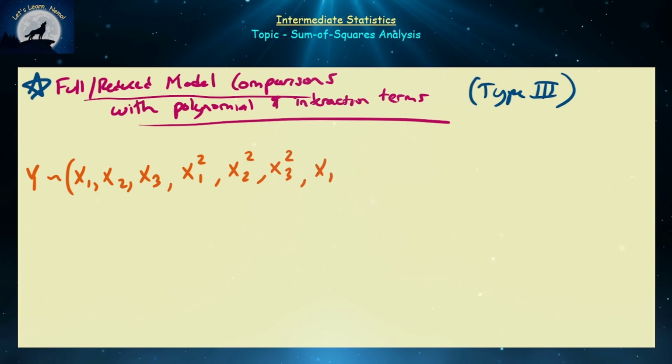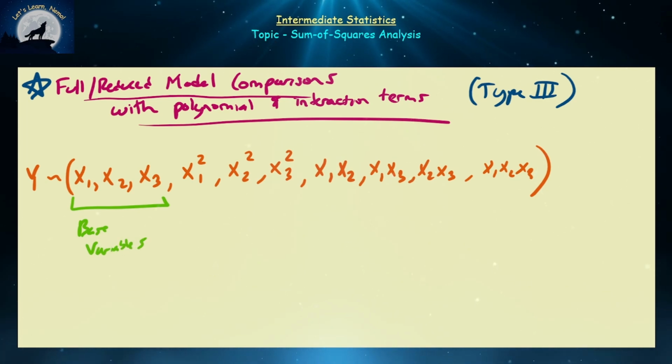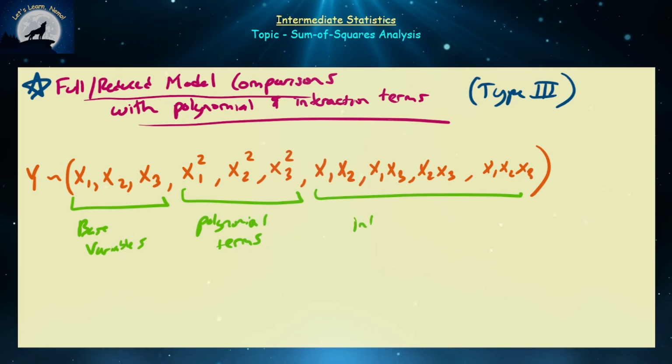And then we have x1 and x2 multiplied, x1 and x3 multiplied, x2 and x3 multiplied. And let's also do our x1, x2, and x3 all multiplied together. Right? So these are our base variables, or predictors, and then we have our polynomial terms, and then we have our interaction terms.